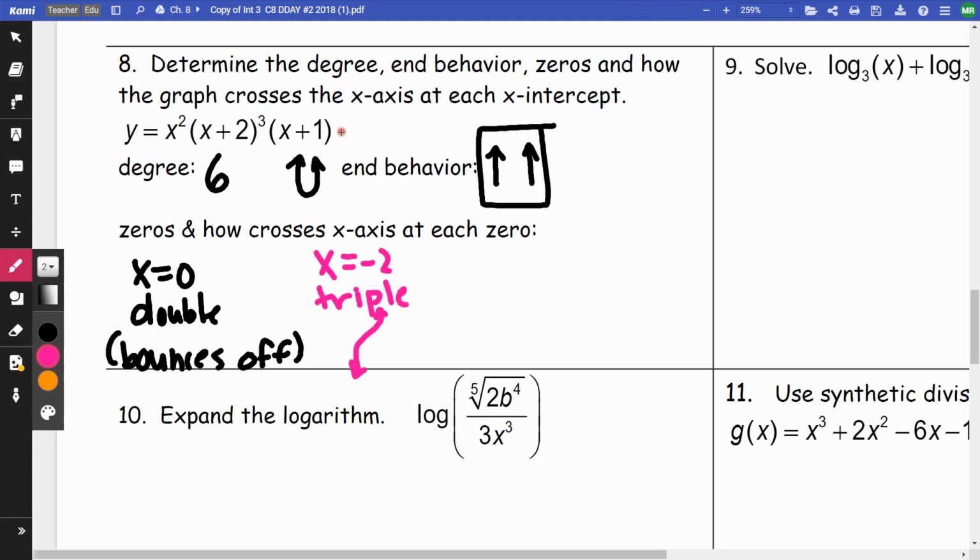So maybe one way to describe this triple is to say that we have an inflection point.